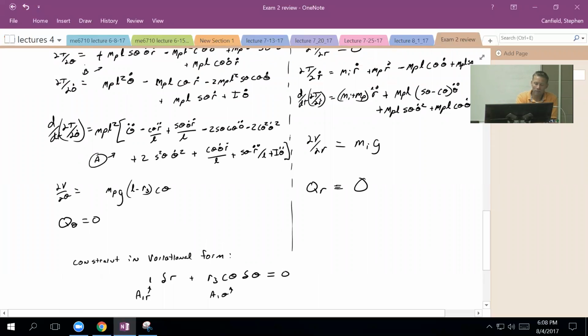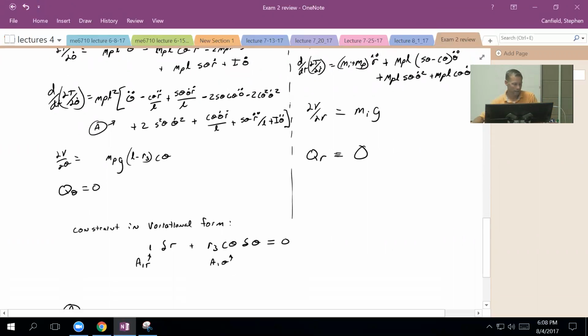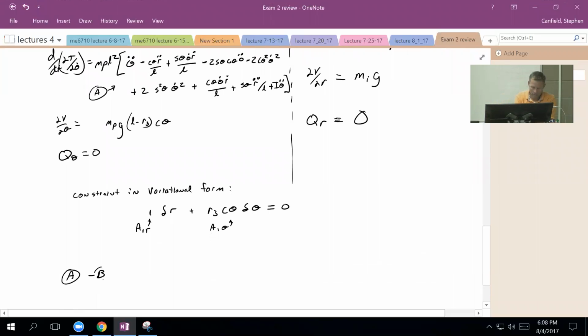I'm going to call this B, plus MPG L minus R3 cos theta. Okay, now I need my minus my Lagrange multiplier lambda. I just have one of them. Lambda 1 times A1. This is the partial with respect to theta, so it's A1 theta, which is R3 cos theta, equals 0.